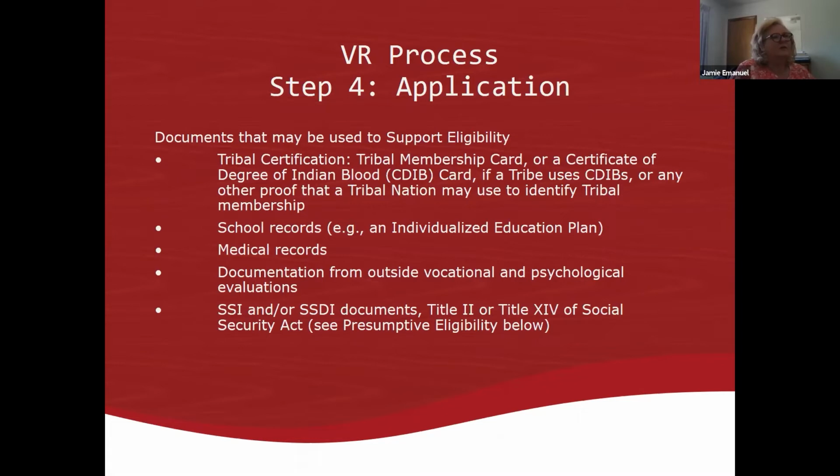That goes back to what Suzanne was talking about earlier in the initial orientation, when you're first asking about history, medical history, different evaluations, then the educational history is going to come into play. And then, of course, medical records and any outside documentation, if they've had any outside vocational or psychological or any other outside evaluations, we want to ask for that information from them as well.